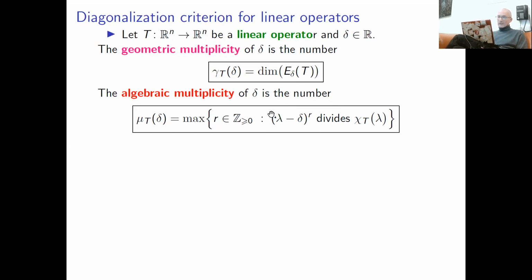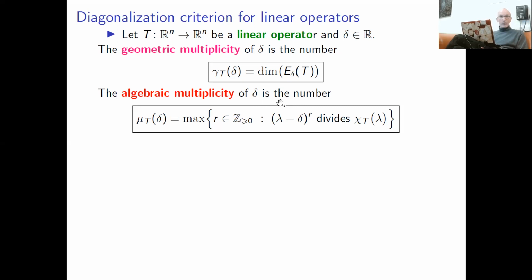Alternatively, you can look at powers of lambda minus delta and take the largest power such that it divides your characteristic polynomial. This is just the multiplicity of a root of the characteristic polynomial, if delta is its root. If delta is not its root, then the algebraic multiplicity is 0.